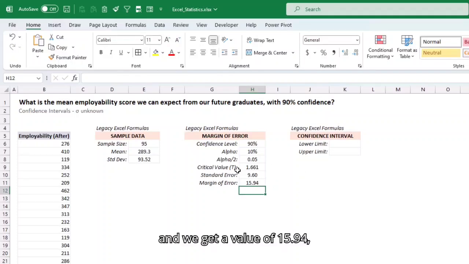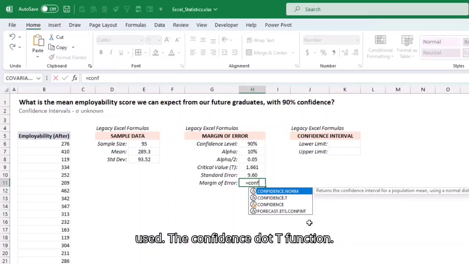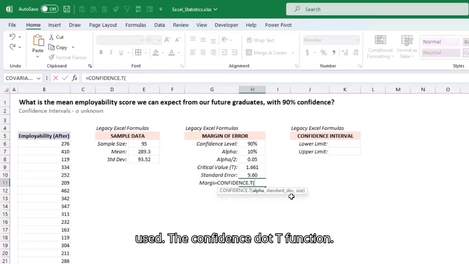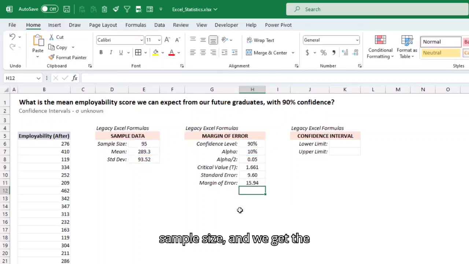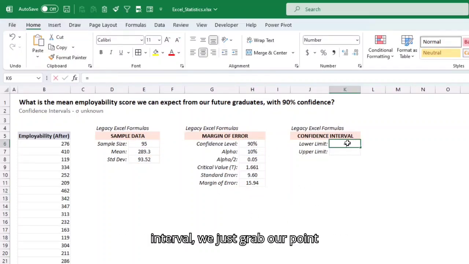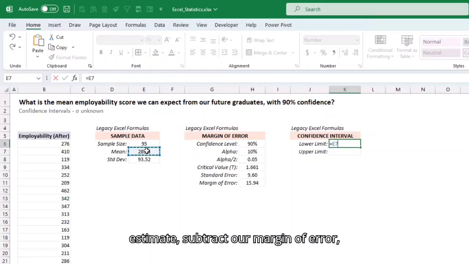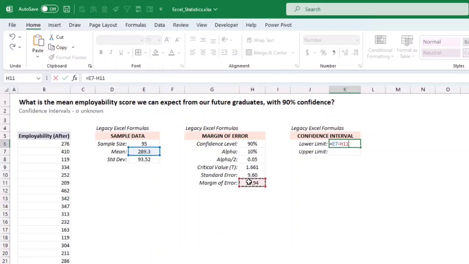And we get a value of 15.94, which again, we could have actually just used the CONFIDENCE.T function. We've got alpha, we've got our sample standard deviation, and we've got our sample size, and we get the same exact number.